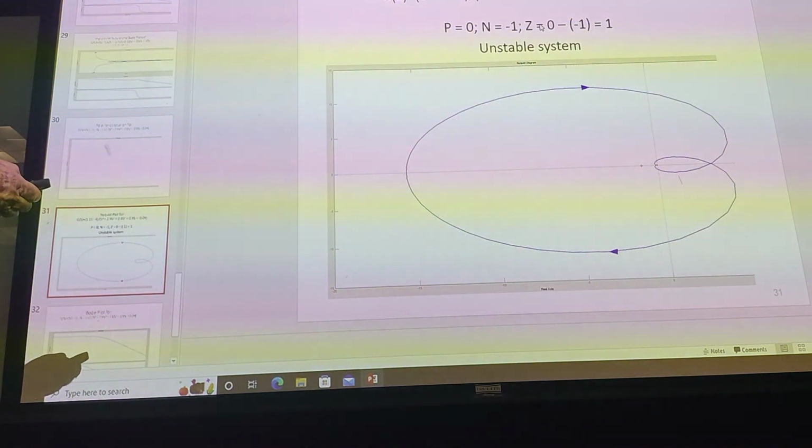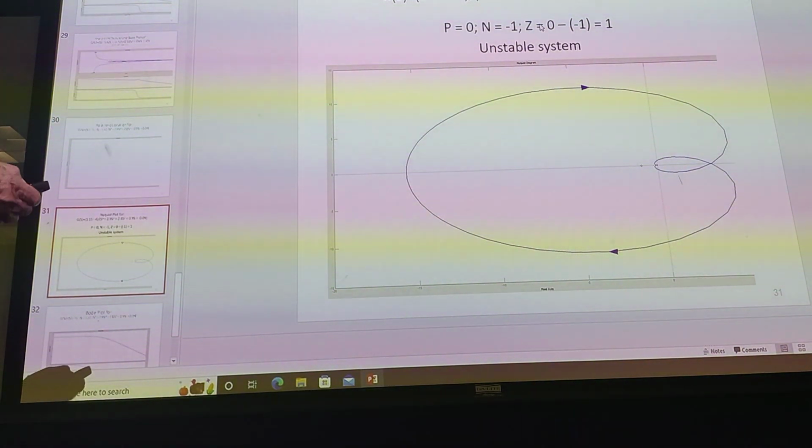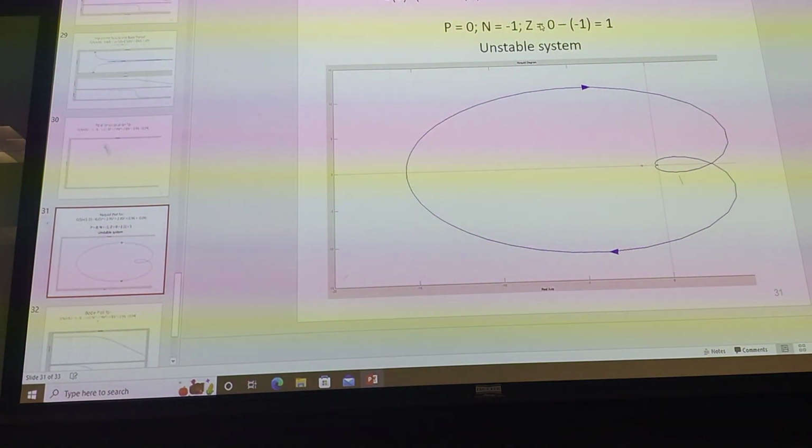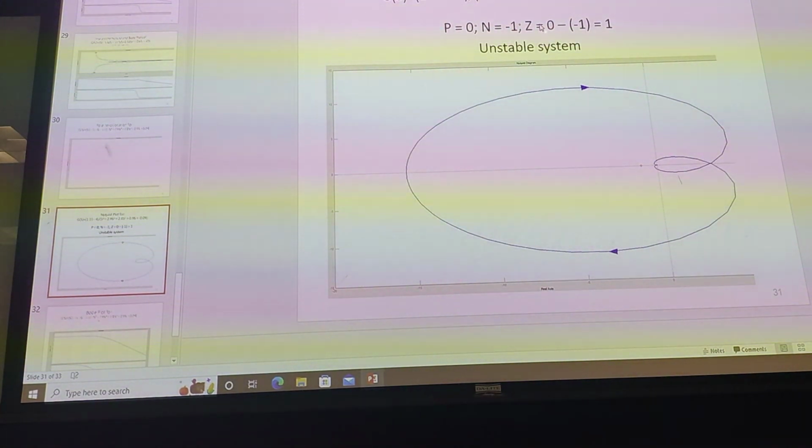So, P equals 0, because the poles are all on the left part of the plane. N is equal to minus 1. Note that it is encircled minus 1 time, and Z is equal to 1. So this system is unstable. You see that?